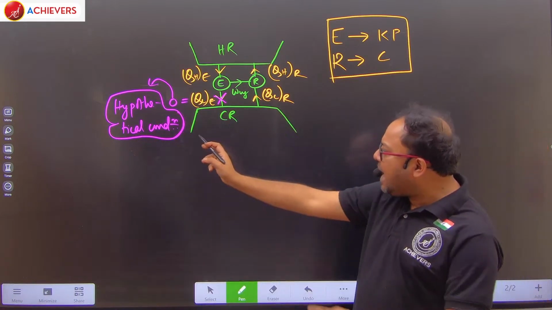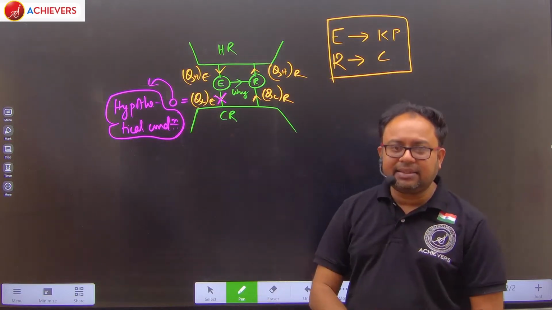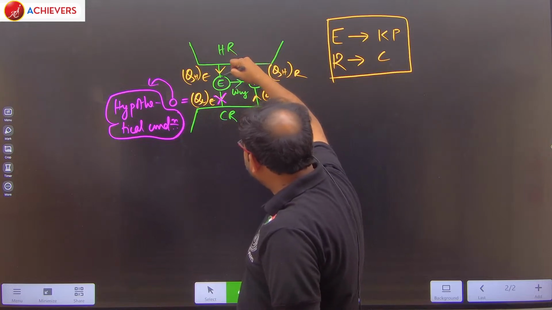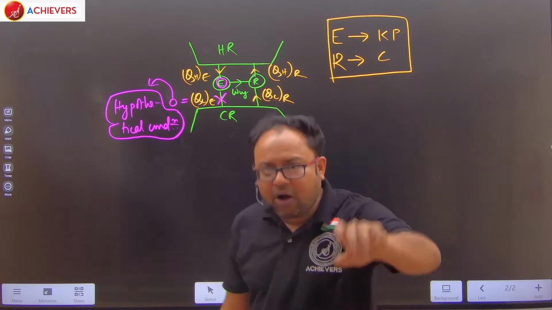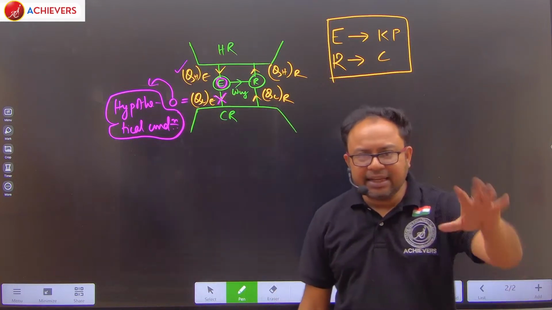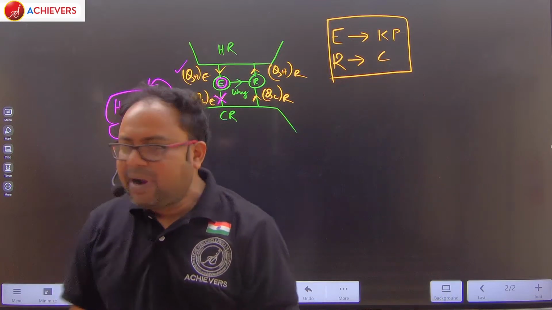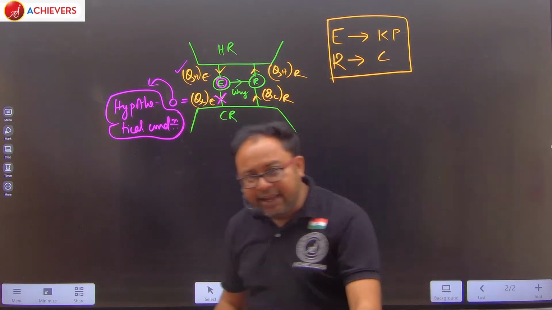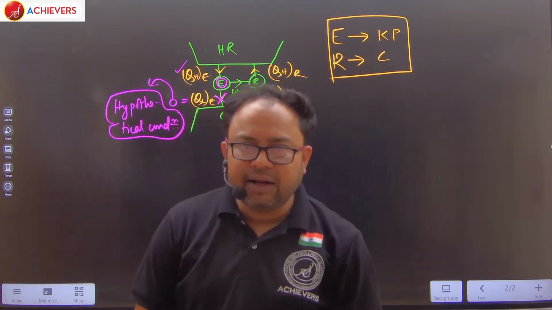If we apply the hypothetical condition that QCE is 0, that means the engine is withdrawing heat from the hot reservoir. QHE is non-zero. So it is withdrawing heat from the hot reservoir, but it is not rejecting any heat to the cold reservoir.